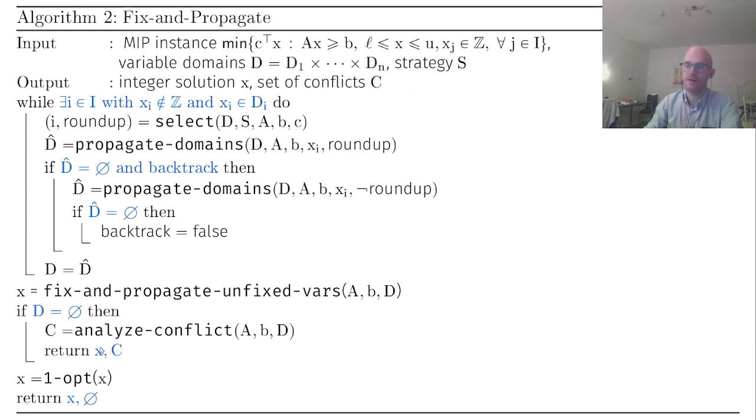And so I return my integer point that is not LP feasible, and my conflicts. Otherwise, if I found a feasible solution, I greedily try to optimize it, like one variable only, so flip one of the binary variables to improve the objective, and then return the feasible solution itself and an empty set of conflicts.